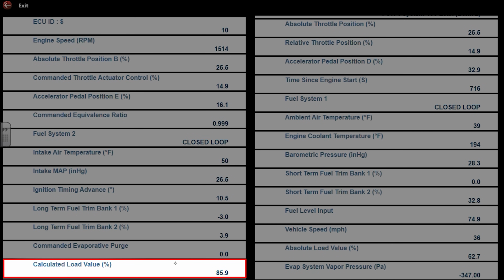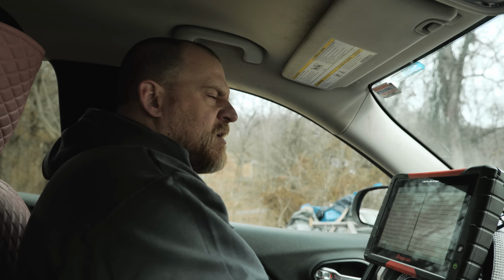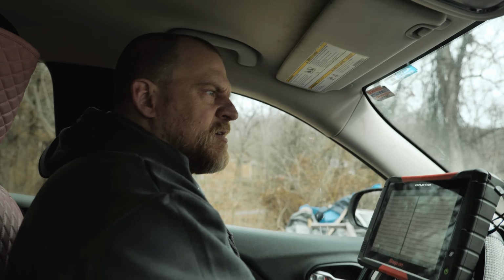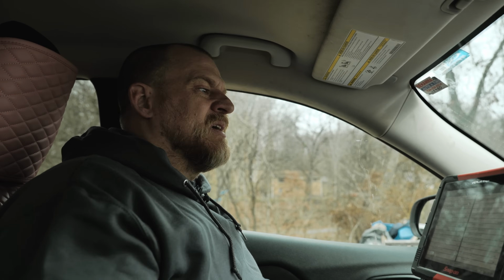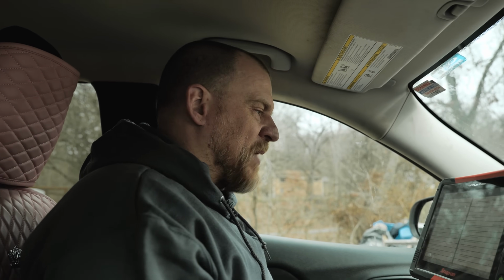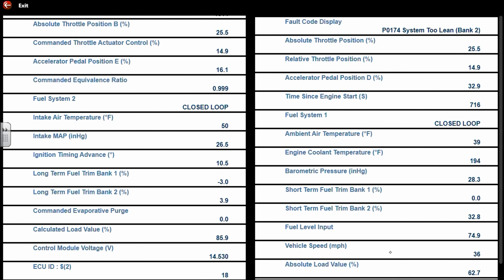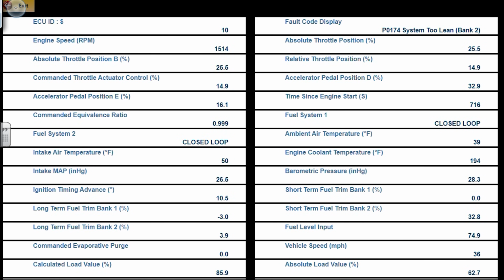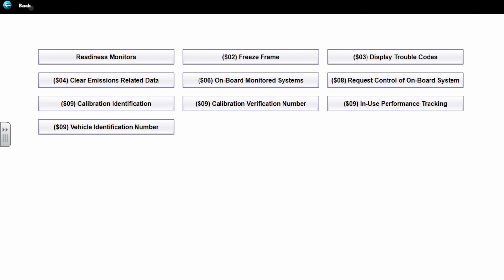Calculated load was 85%. This is not gonna be a vacuum leak. Vacuum leak, you're looking at numbers that are skewed at lower RPM ranges and lower engine loads, and it would typically affect both banks. Unfortunately, it doesn't give me oxygen sensor parameters in this freeze frame data capture, but that was actually pretty helpful as far as direction goes.